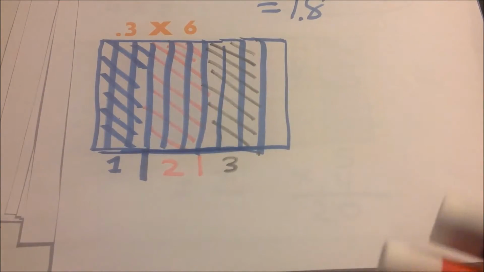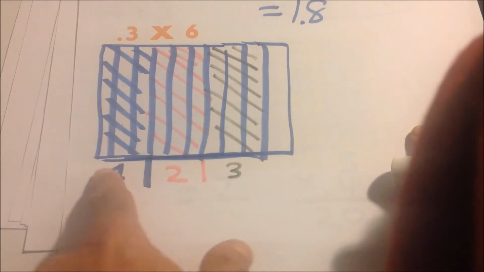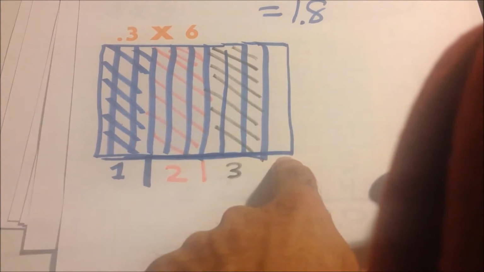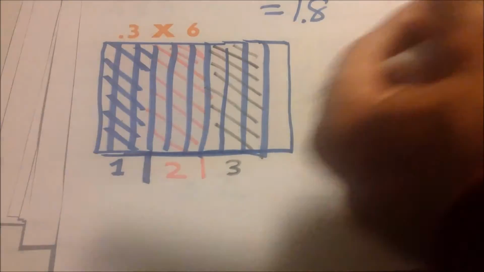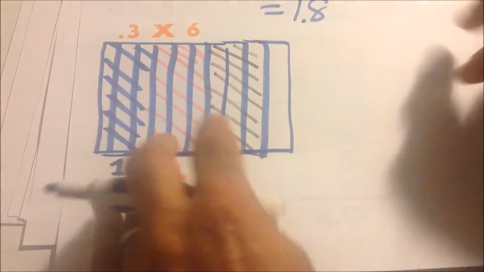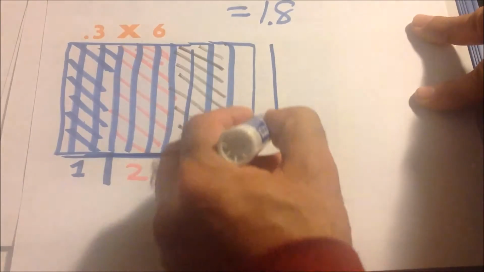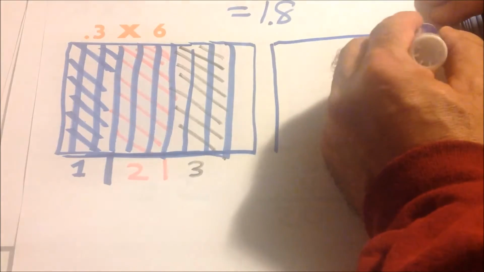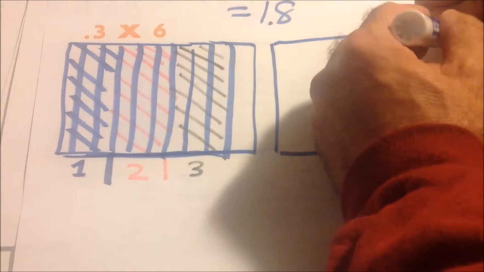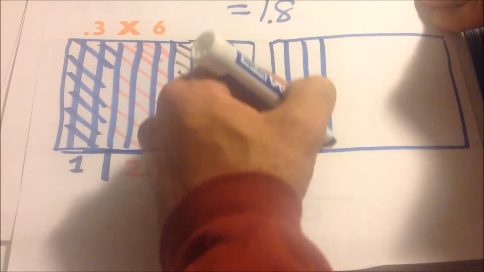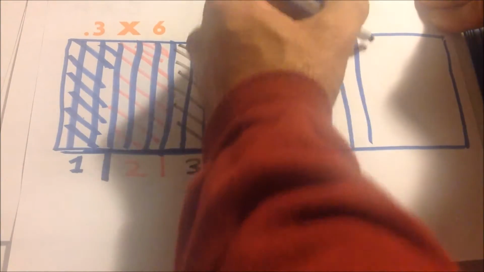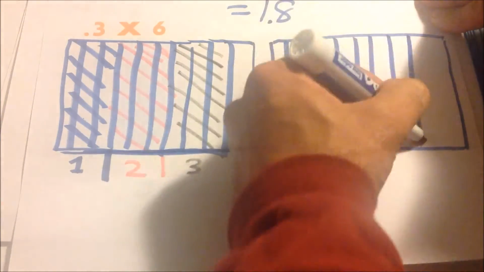Now, remember this one box we're using represents 1 whole number. So we've done it 3 times, and we have a 1/10 left, but we need to make another box. So let's make another box over here. 1, 2, 3, 4, 5, 6, 7, 8, 9.